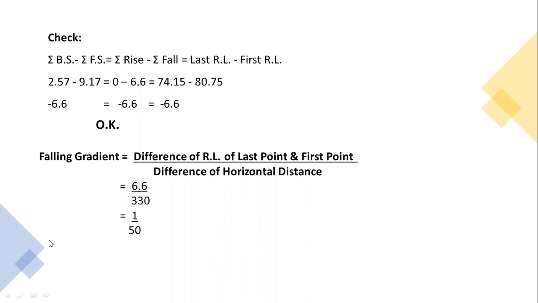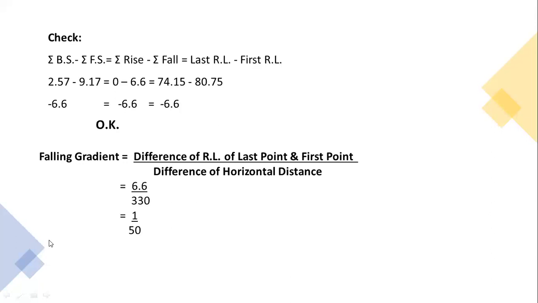Then we find the falling gradient. The equation is the difference of RL of the last point and the first point, so the difference is minus 6.6. Divided by the difference of horizontal distance.